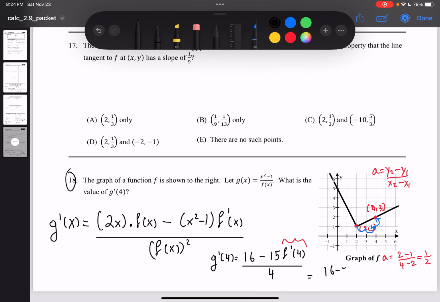So 16 minus 7.5 over 4. Now 16 minus 7, it is going to be 9 minus 0.5, it's going to be 8.5 divided by 4. And 8.5 divided by 4 is going to be 2.125. And this is g prime of 4.